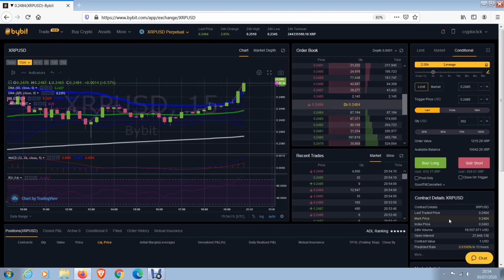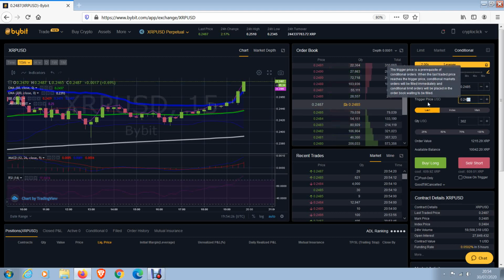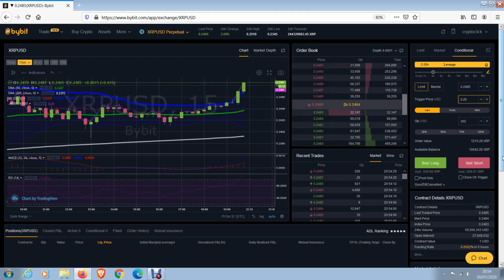So you set your limit order up and the trigger price. The trigger price is an area where the order will only be placed when the price gets there. So if I think 25 cents is going to get hit, and that will execute my trigger, I'll put 25 cent there, but then what I would need to do is have this just slightly above or below, if you want to lose out on a bit. The trigger price is going to say my order will be placed on the order books at this point.